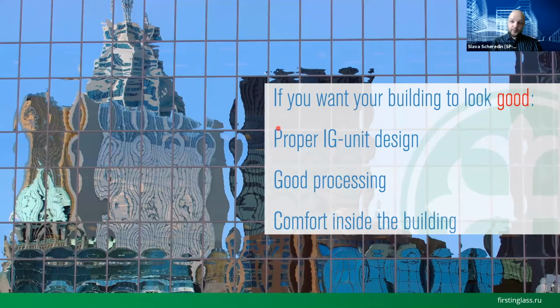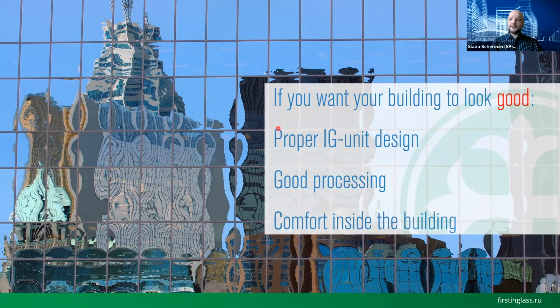So to make your building look good, three things need to be considered. Proper IG unit design, meaning IG unit composition, glass choice, and so forth. Then we need to have good processing of the glass, because even the best designed IG unit can be done wrong and then everything goes astray.